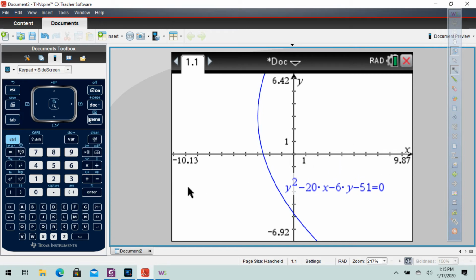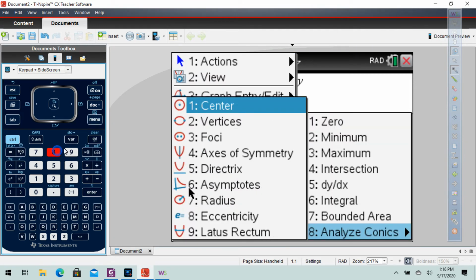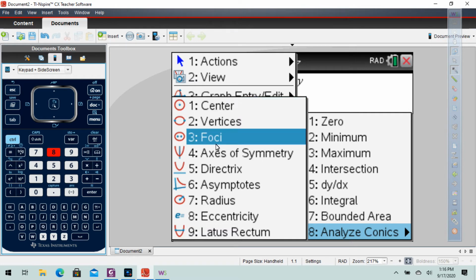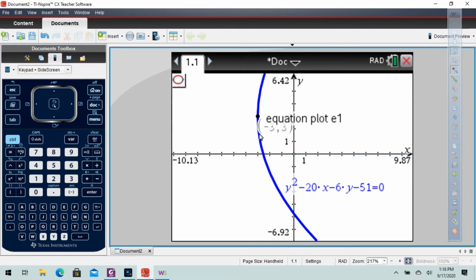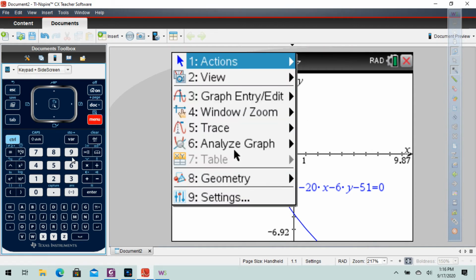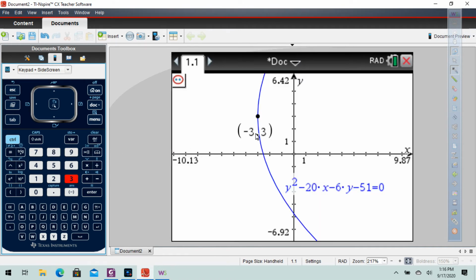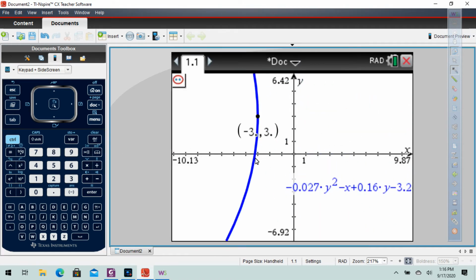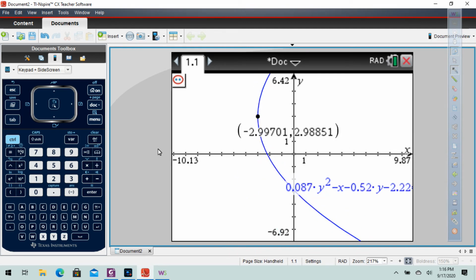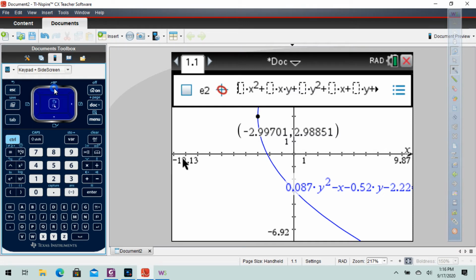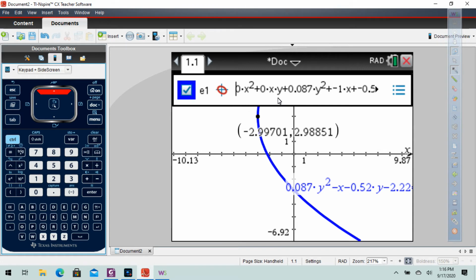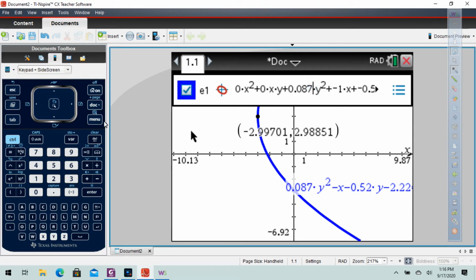Okay. So menu, 6, 8, and let's find the vertex, 2. And that's (-3, 3). Excellent. Menu, 6, 8. Let's find the focus, 3. I hate when it does that. These programs are competing. 0, 0, and that is just a 1.